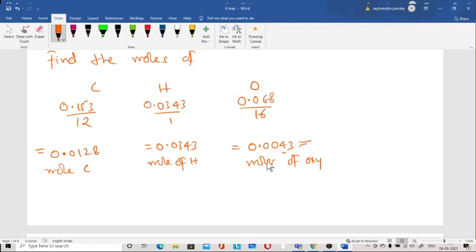Oxygen you are getting 1, hydrogen you are getting 8.5. Yes, it's 8.5 for hydrogen.